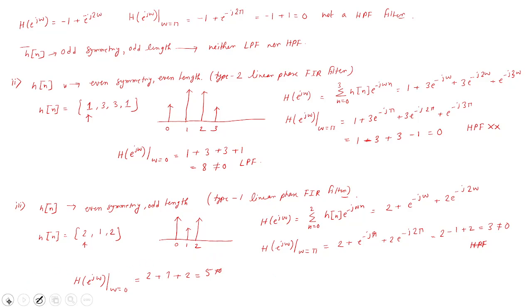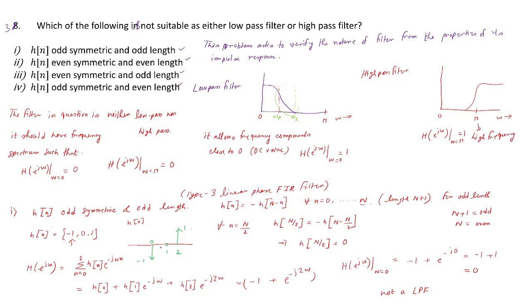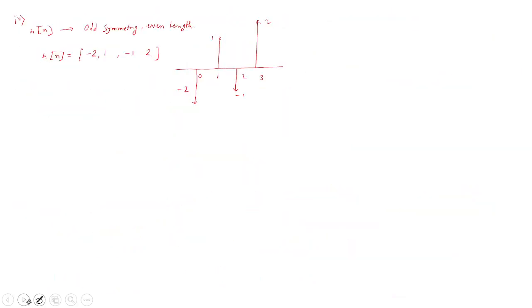By the way, let us just revise what observation we have. Okay, we'll have the observation after this only. Let us write the spectrum here, the summation from 0 to 3 of h[n] e to the power minus j omega n.